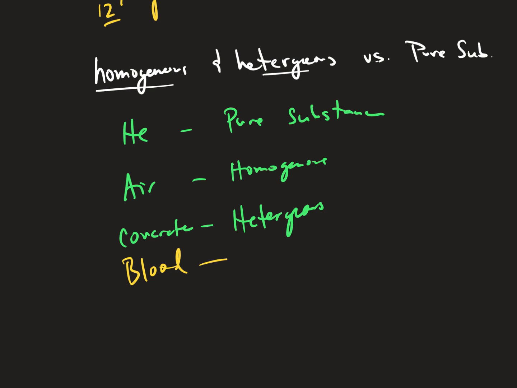Homogeneous mixtures don't separate. So blood is heterogeneous. Can you separate the blood? Yeah, in the centrifuge. Are we good? And what about salad? Heterogeneous, because it's just a bunch of big chunks.